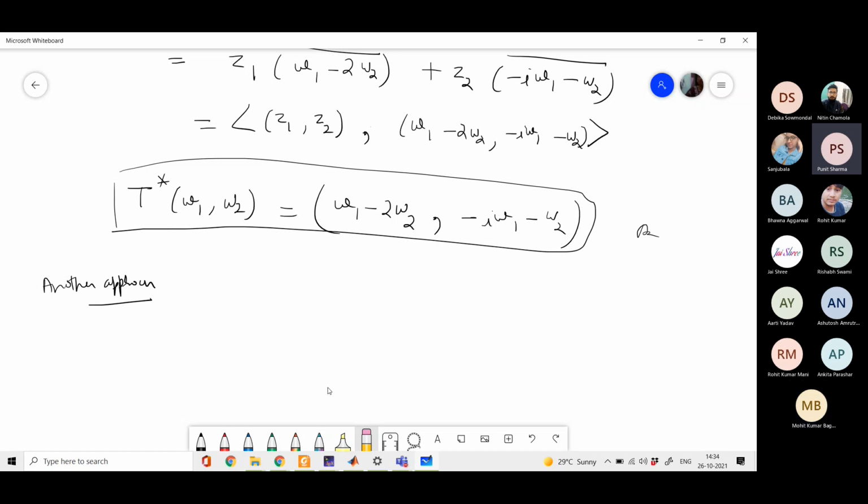We have proved that the matrix representation of the adjoint of T is just the adjoint of the matrix representation of T. Using that relation, one can find the matrix of T star, and once you know the matrix of T star, you can easily find T star itself. So using that, it is also easy to prove. Yes, you can do that also. I have done it in this way.